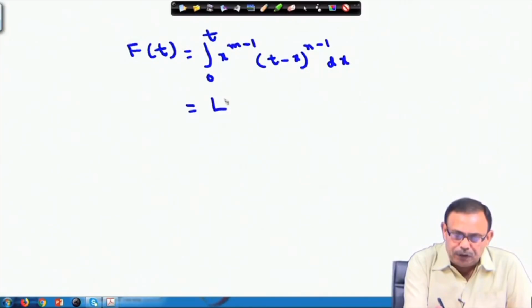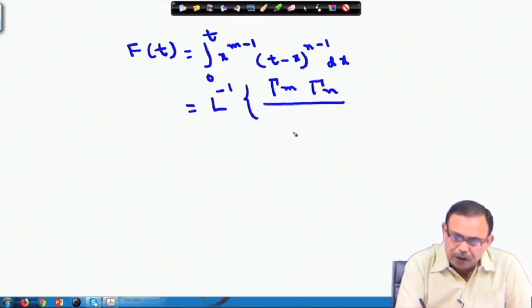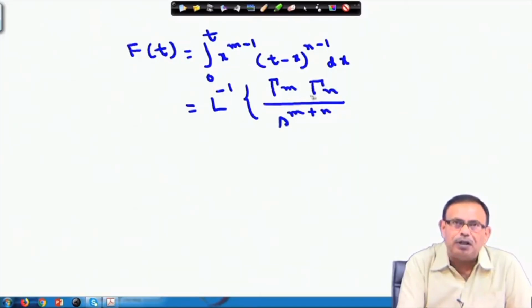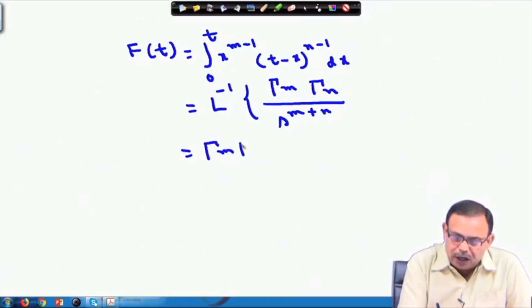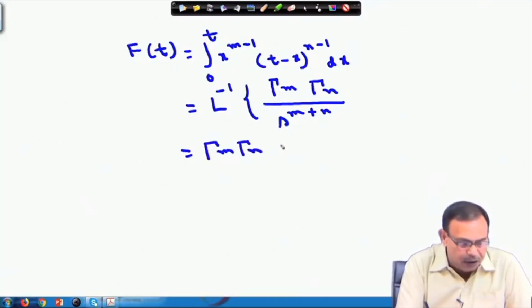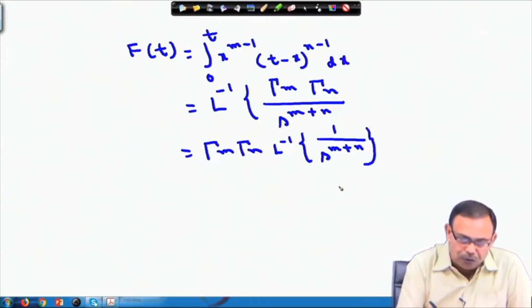So, that f(t) will be equal to the Laplace inverse of gamma m into gamma n by s to the power m plus n. Not m plus n, but gamma m into gamma n by s to the power m plus n. So, this gamma m and gamma n you can bring outside, and you can write the Laplace inverse of 1 by s to the power m plus n, whose Laplace inverse is known to us.